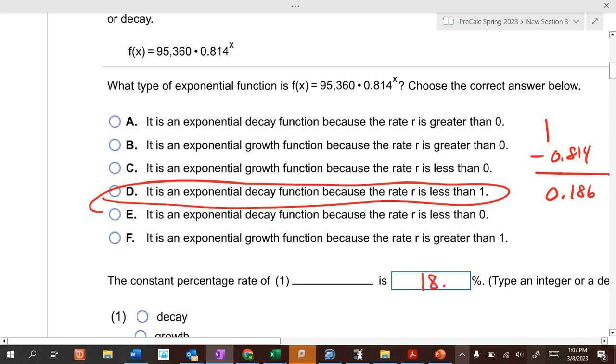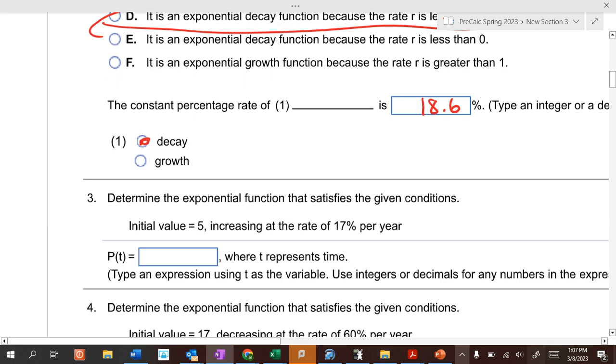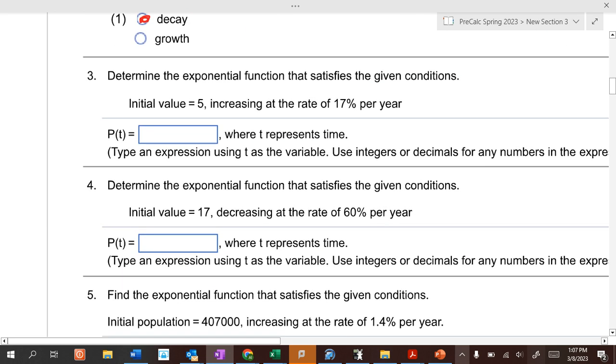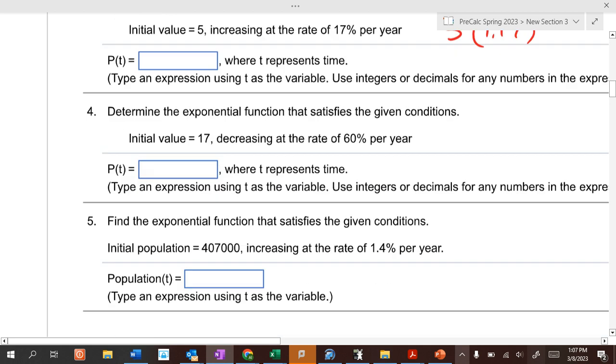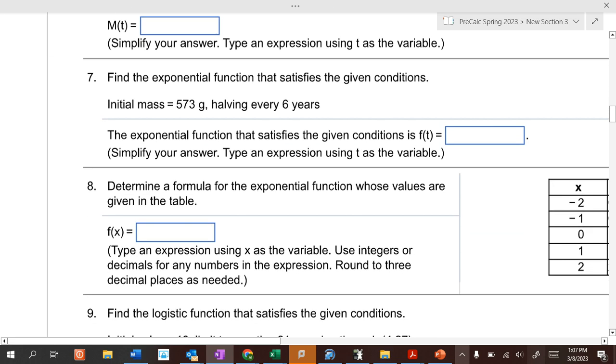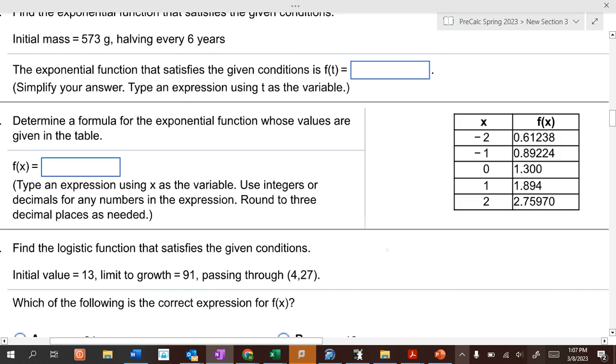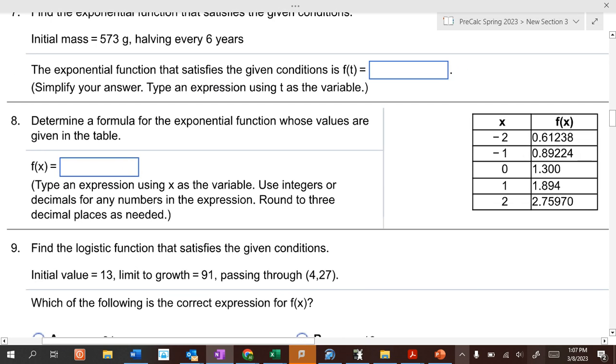So it's 18.6% decay. Okay. All right. And then filling these out, 5% is the original, 1.17 because of 17% growth to the t power. Okay, so you'll have some like that.